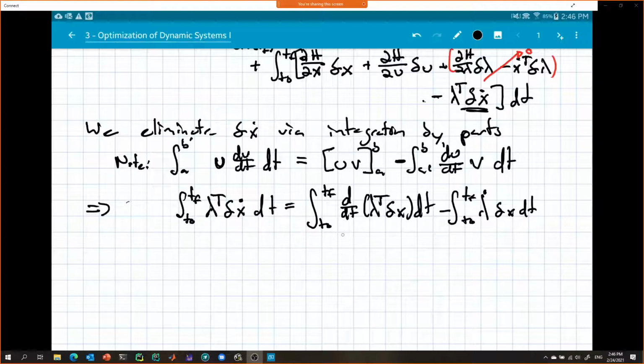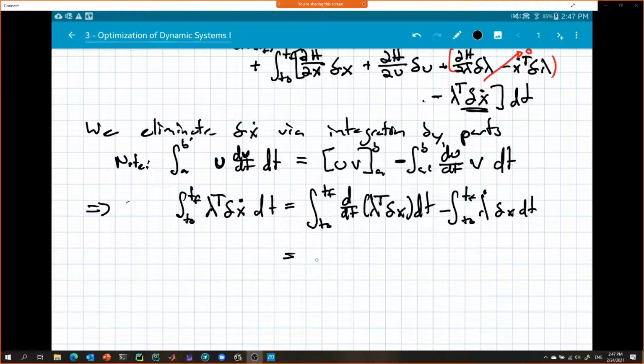So yeah, I guess this is kind of a step that's skipped, but if you consider that u is lambda and then v is the variation in x dot, and now we get the integral.